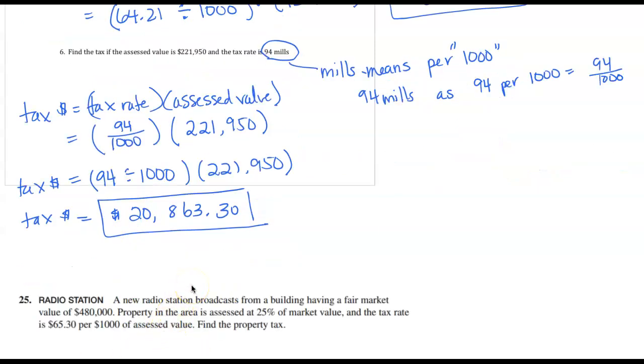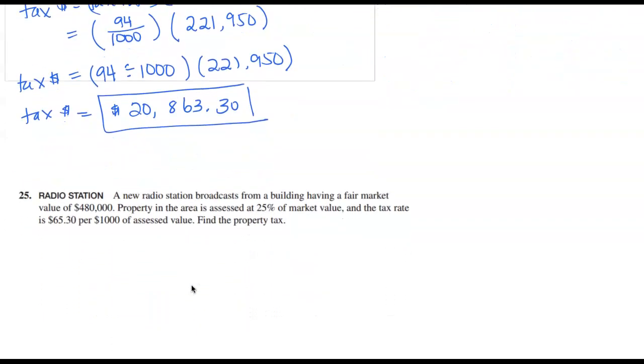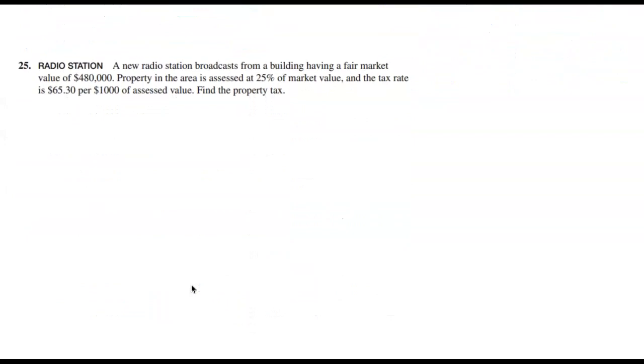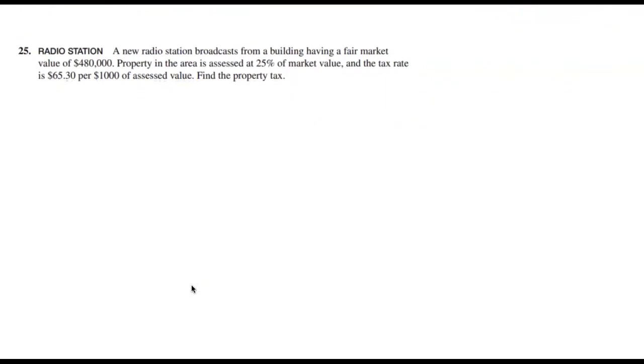Let's take a look at two last questions before we finish up Chapter 13, Section 1. Question 25 from your textbook goes all the way through the text question. A new radio station broadcasts from a building having a fair market value of $480,000. Again, that's the price of the building if someone's going to go in and purchase it. Property in the area is assessed at 25% of market value, and the tax rate is $65.30 per 1,000.